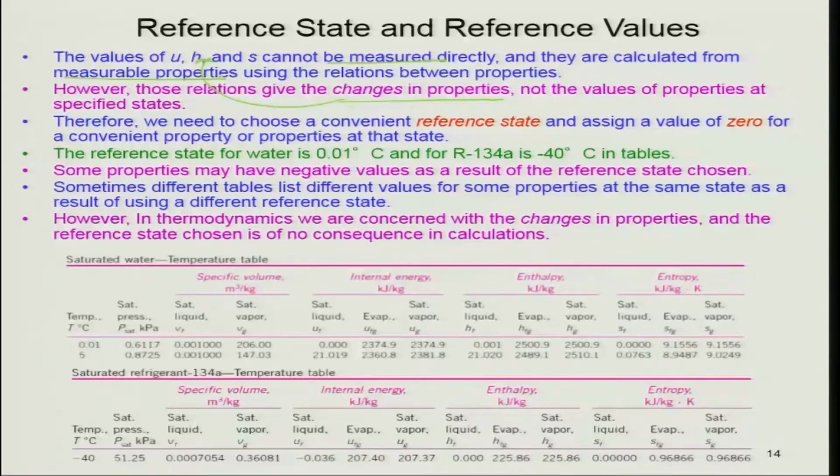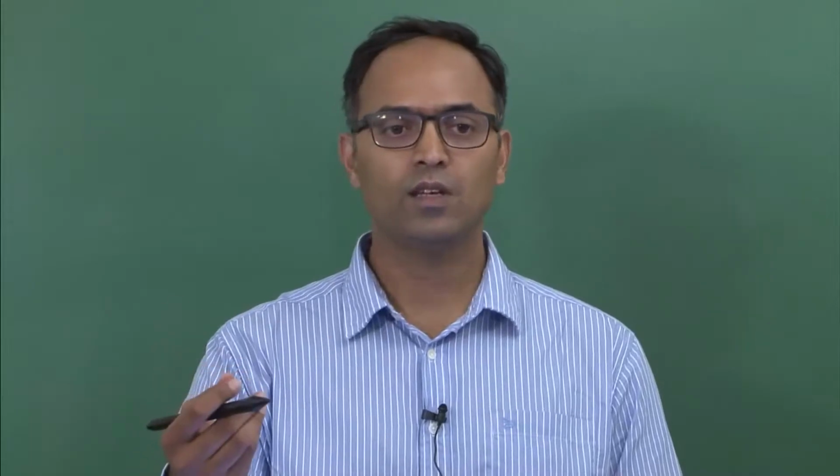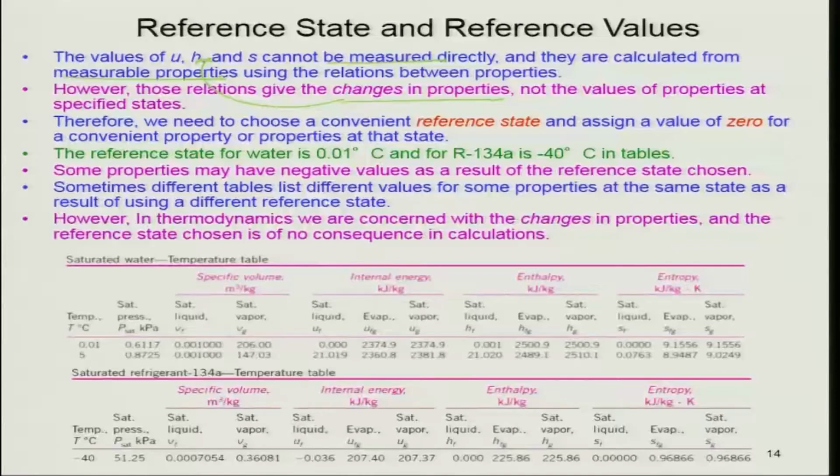In order to do that, we make use of some reference, because you need some reference value to find the change. And that's what these tables use, some kind of reference. For example, you can look at the saturated water temperature table. The reference value is the triple point where we assume the saturated liquid internal energy to be 0 as well as entropy to be 0. Similarly for refrigerant, the reference temperature is -40, and you can see here the values are considered to be 0.